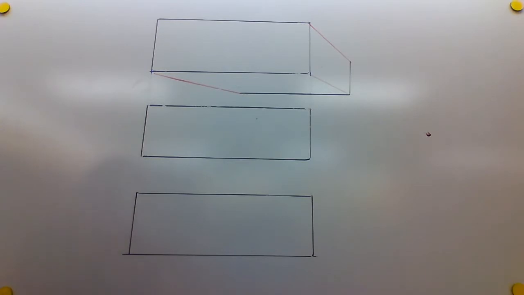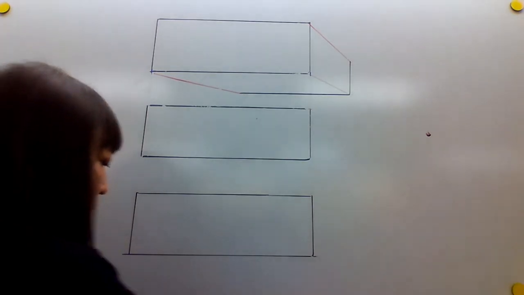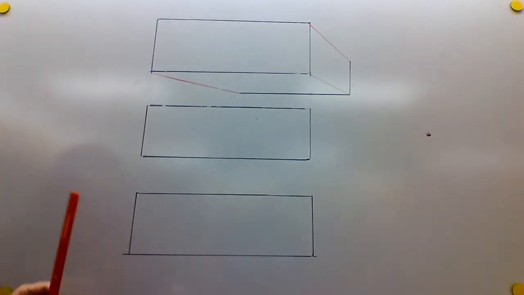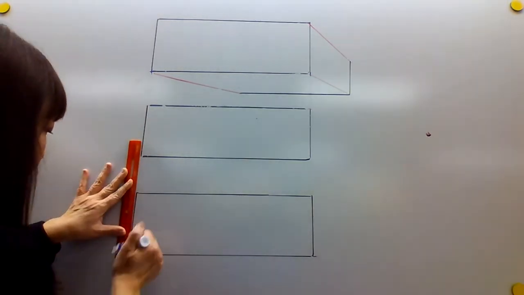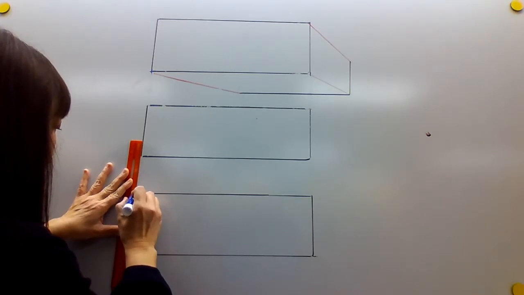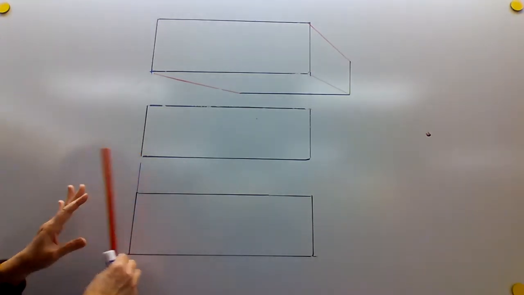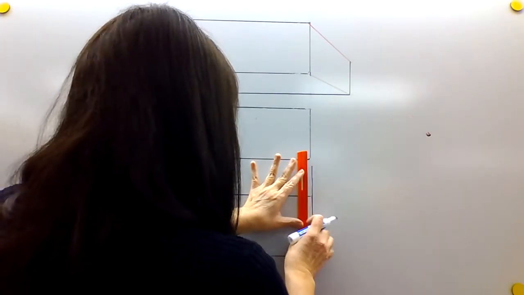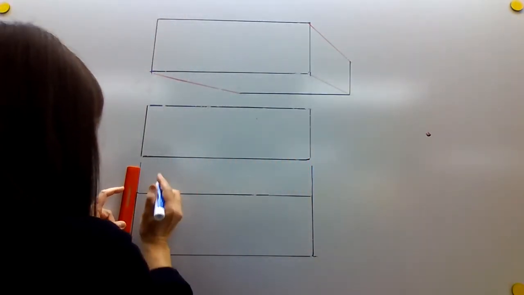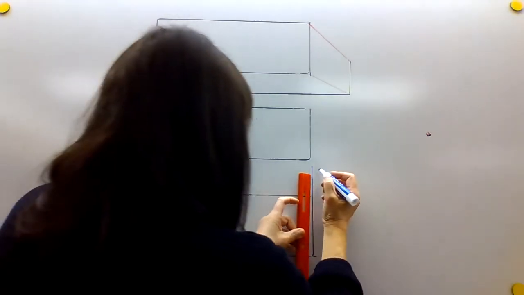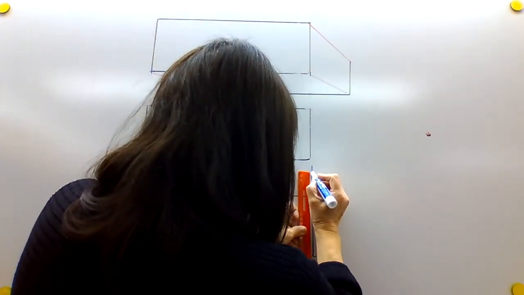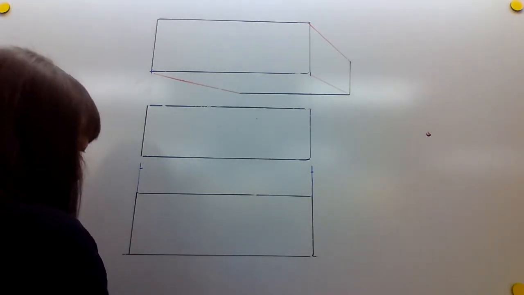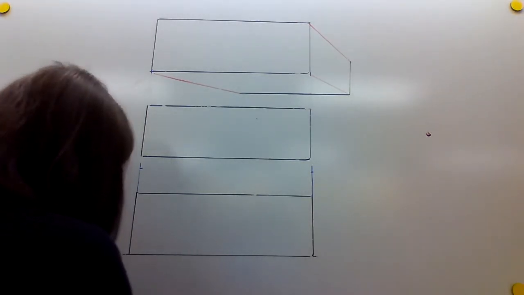Okay, now let's work on the bottom box. For the bottom box, you do the same thing, but this time you go upwards. So I'm going to go a little bit faster this time because this is the second time you do it. Okay, extend it. Okay, and measure 1 inch. Okay. Oh, guess what?